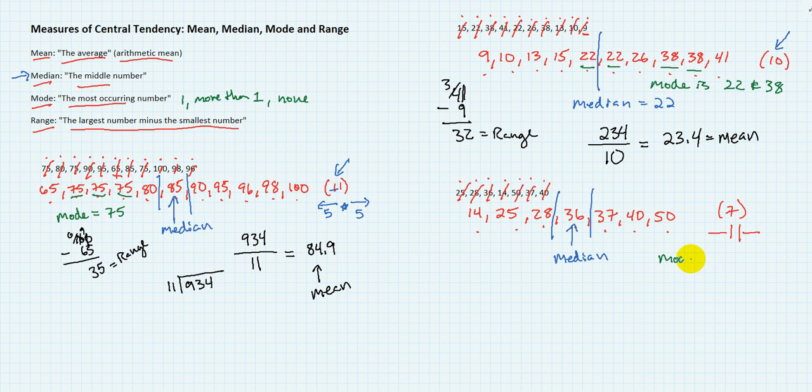So if I were to write an answer for the mode, I would say none. There is no mode. The second to the last thing that I'm finding is my range. So 50 minus 14, the biggest number minus the smallest number. And let's go ahead and borrow. And you get 36. So my range is 36.